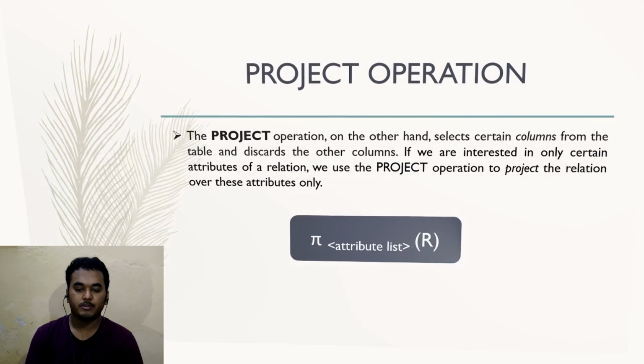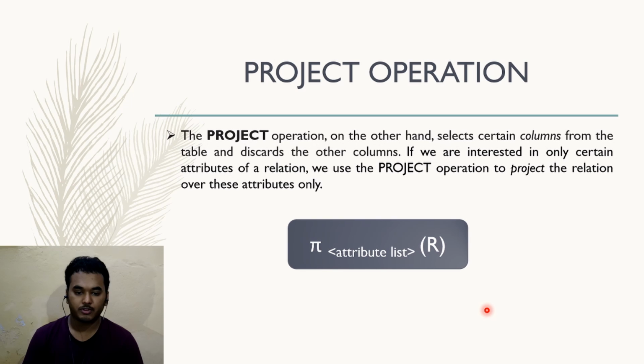The next operation in unary operations is the project operation. The project operation selects certain columns from the table and discards other columns. So if we want to project only certain attributes of a relation, we can do so by using the project operation. This is the general notation of the project operation.